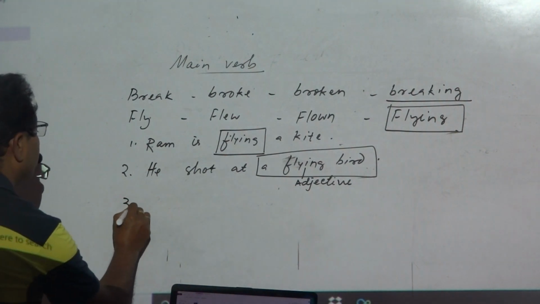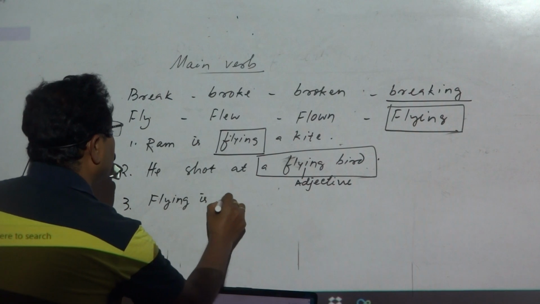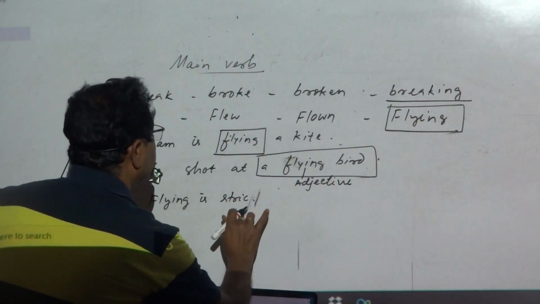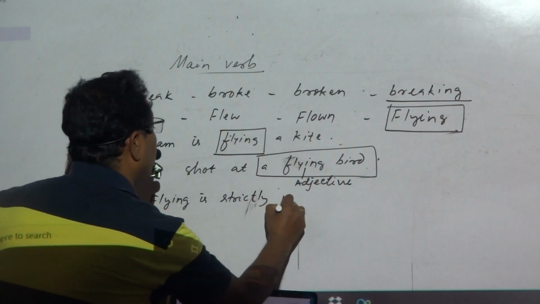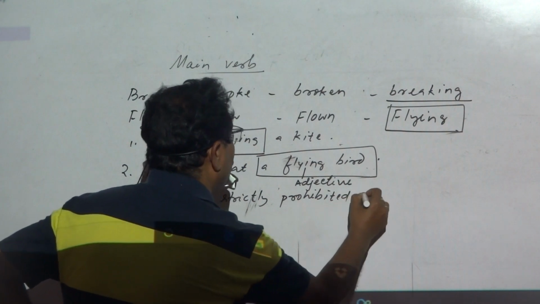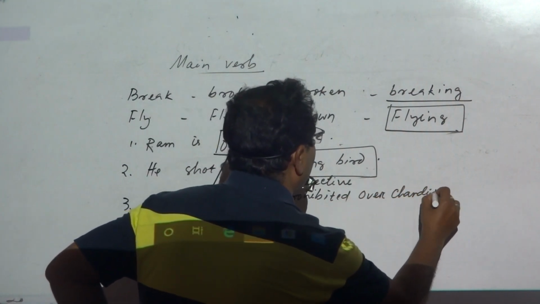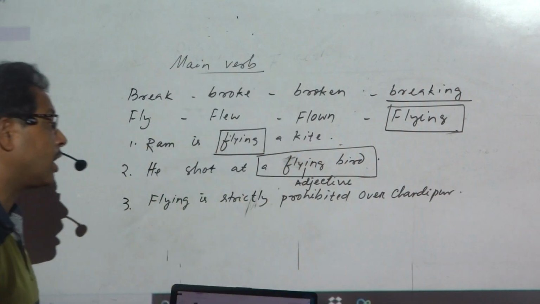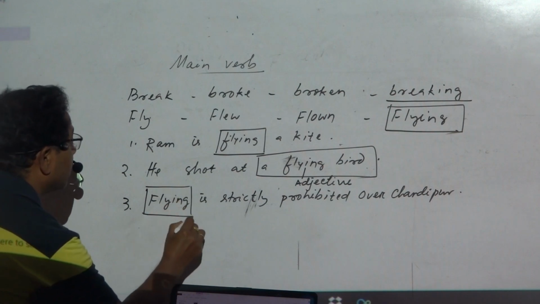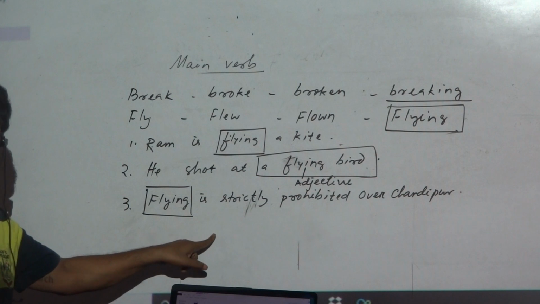Number 3. Flying is strictly prohibited over Chandipur. Look at the flying. This flying is the subject of the sentence.